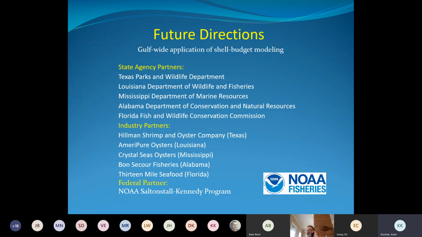Those are going to be criteria that are developed in this project that we're currently working on with our state agency partners and industry partners. And the ultimate goal is the Gulf-wide application of shell budget modeling.